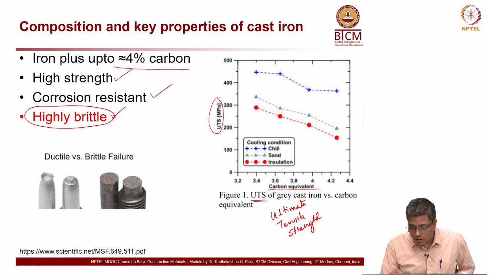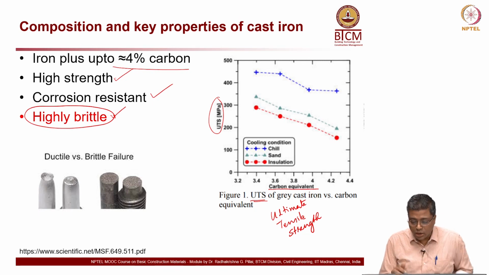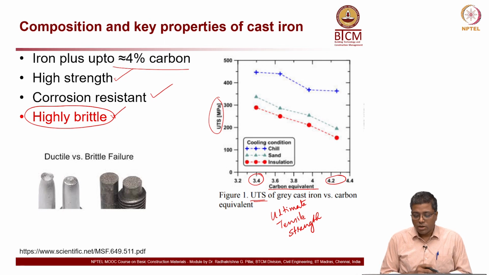What you see here is, and also you should think about that, we are talking about only this range in this graph, that is about 3.4 to 4.3 or so percent of carbon. It is not like from 0 to 4.2. Okay.